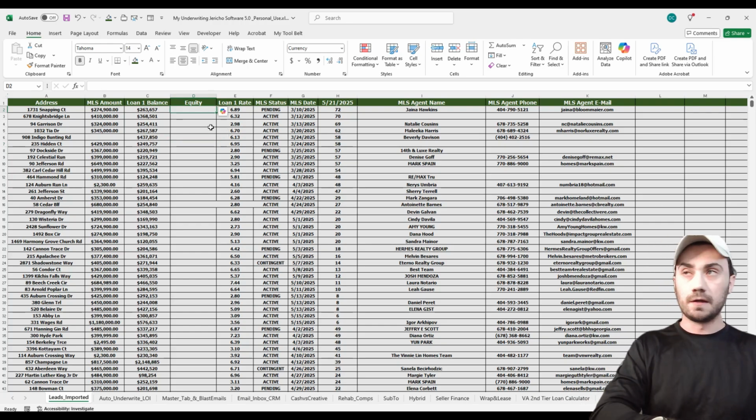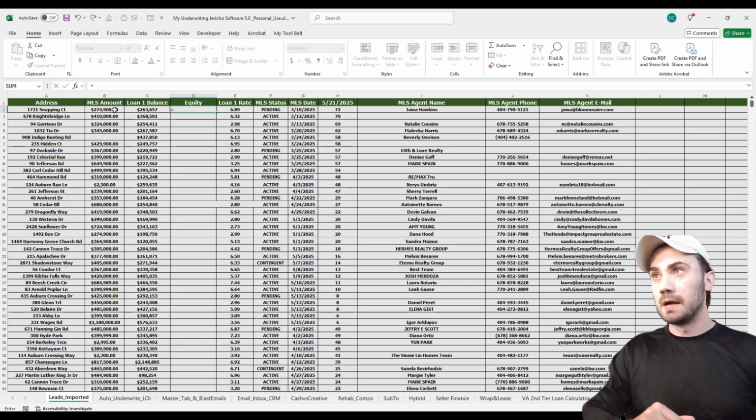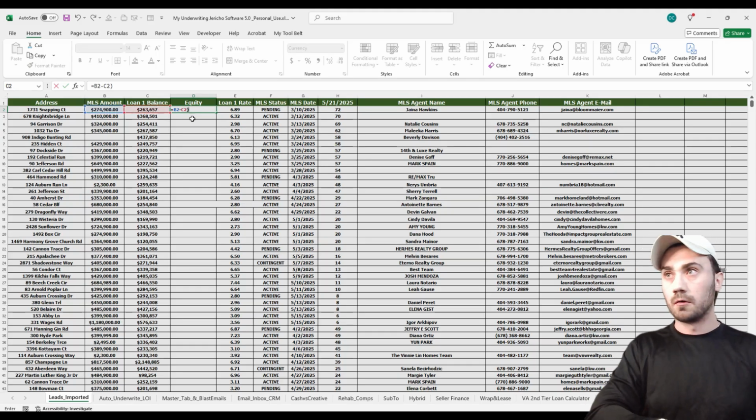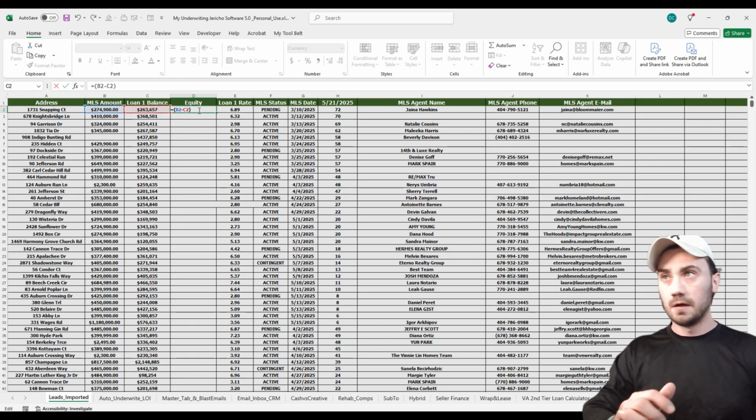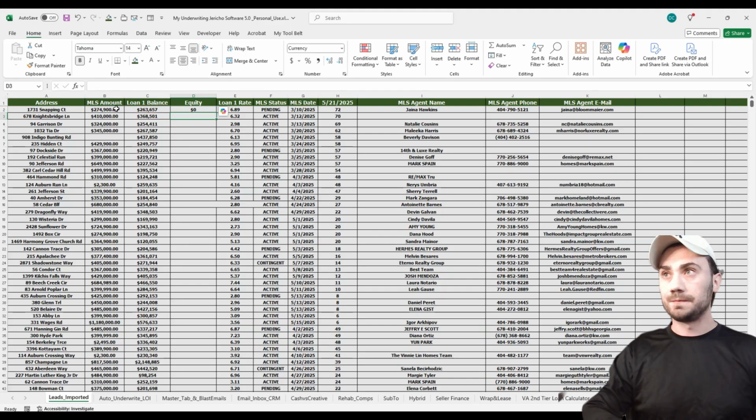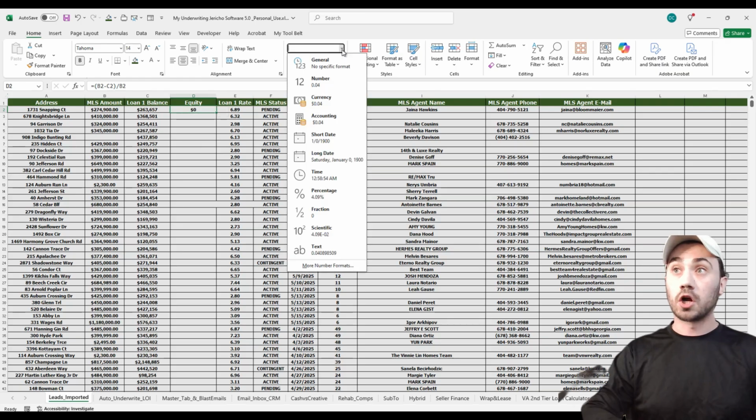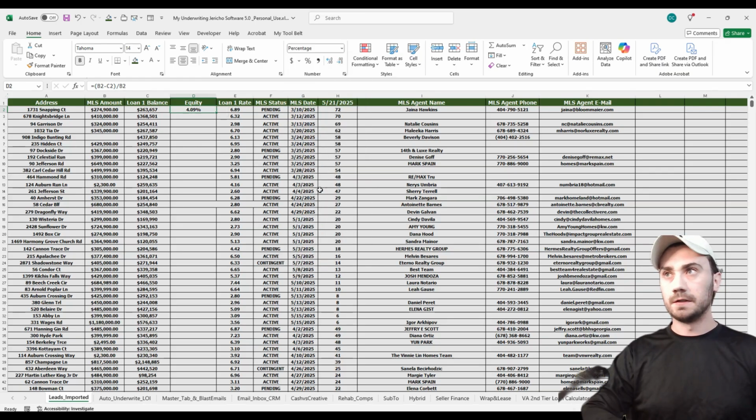We put in the Excel formula for the MLS amount minus the loan 1 balance, wrap this in left and right parentheses, divide this by the MLS amount, and click enter. Immediately we are in the incorrect cell format, so we need to change this format from a currency format to a percentage format.